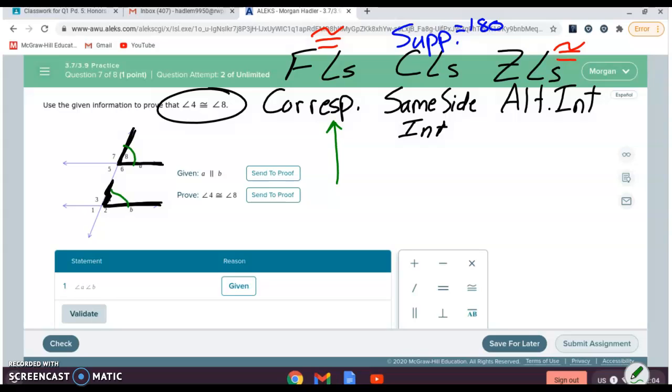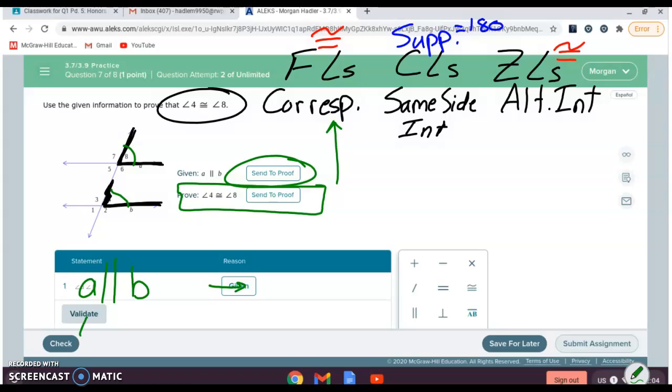So you're going to send this thing to proof. You're going to say that A is parallel to B, and it's given, like you have there. Then you hit validate. In this situation, you don't have any more steps between your given and your finishing point. You can go directly into this.